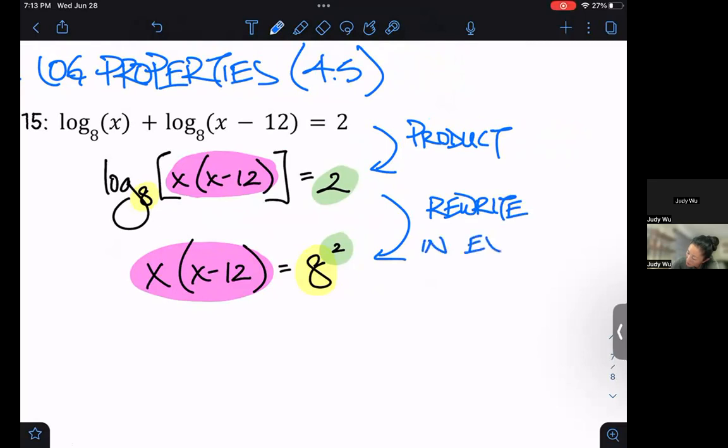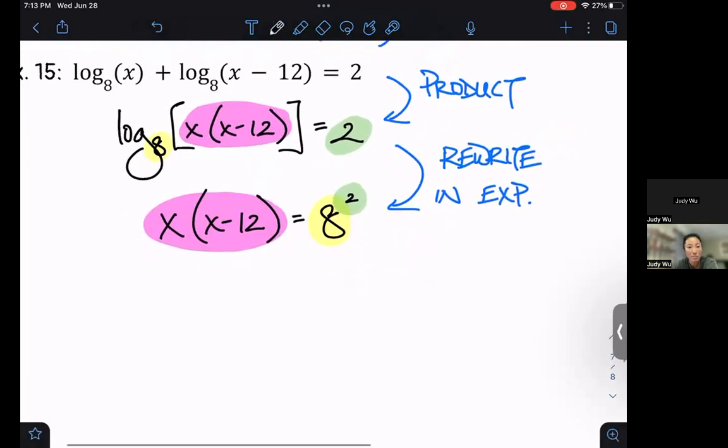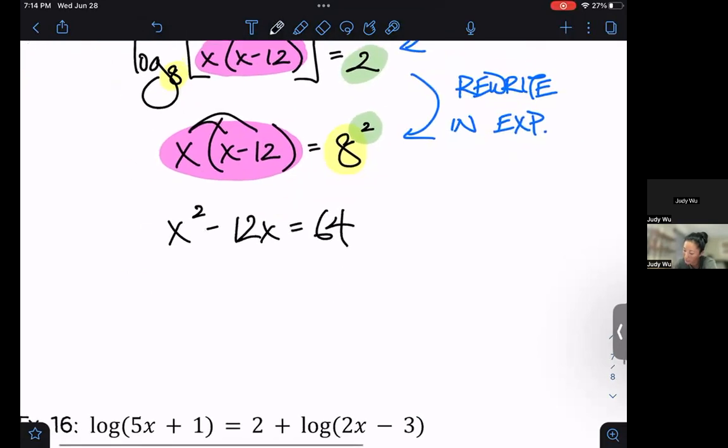in exponential form, okay? And now we just need to do some good old algebra. We're going to distribute, we're going to see what we have and go from there, all right? So I'm going to distribute, I get x squared minus 12x, and 8 squared is 64, right?